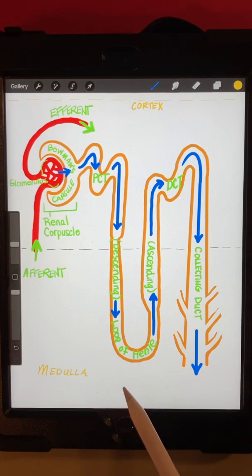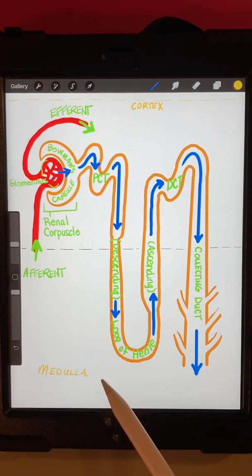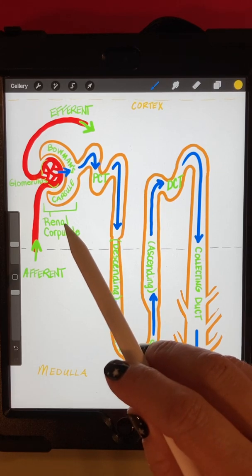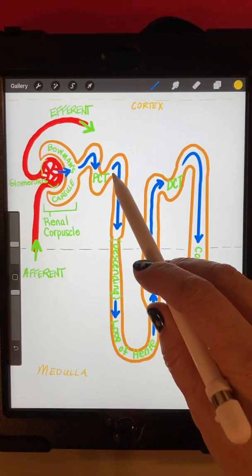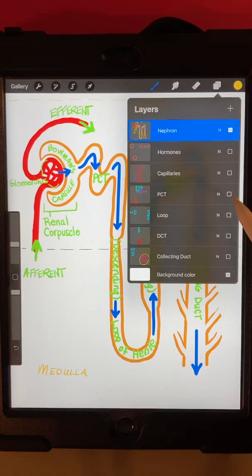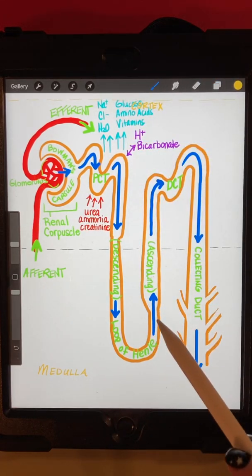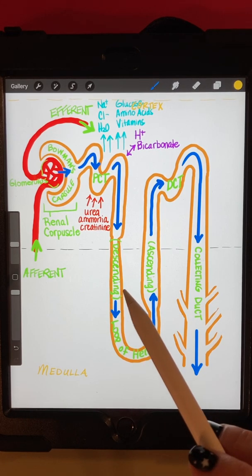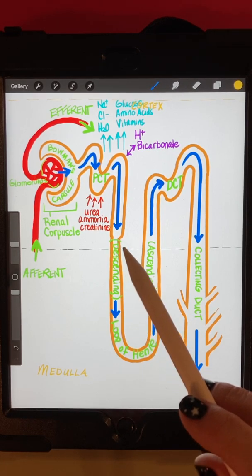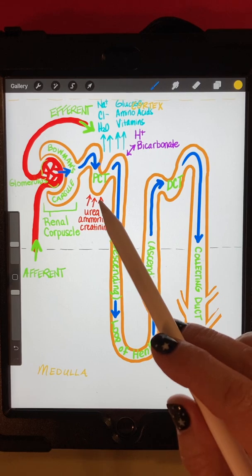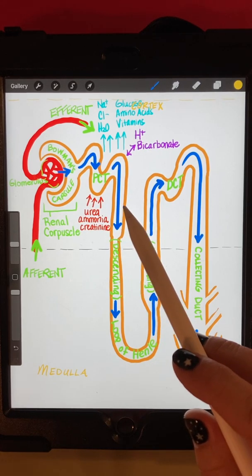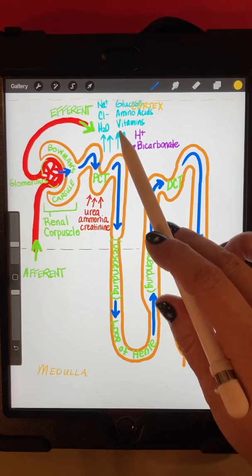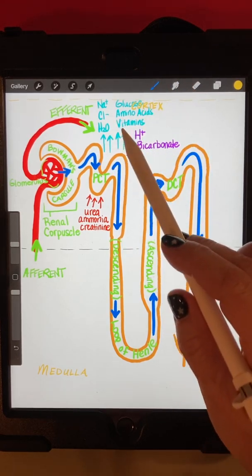Okay, so the flow of filtrate works like this. From the Bowman's capsule, it enters the proximal convoluted tubule, and this is where most of the modification of the urine, forming urine, occurs. So chloride, sodium, and water are all reabsorbed into the interstitial fluid, along with glucose, amino acids, and vitamins.